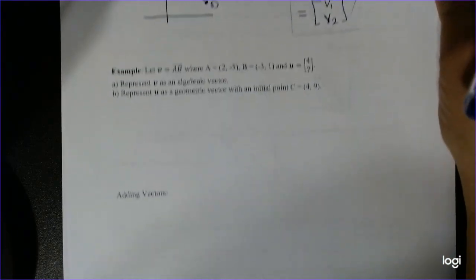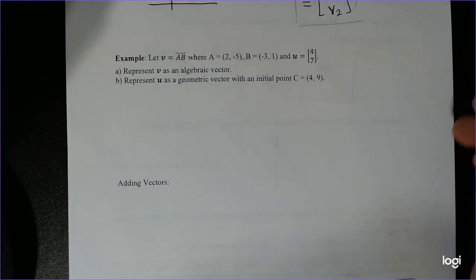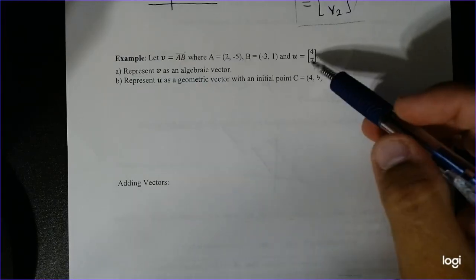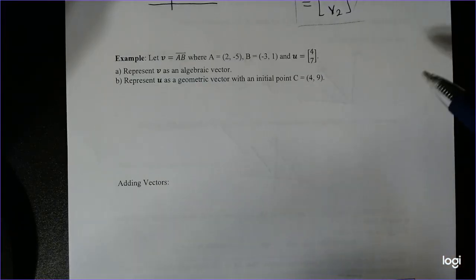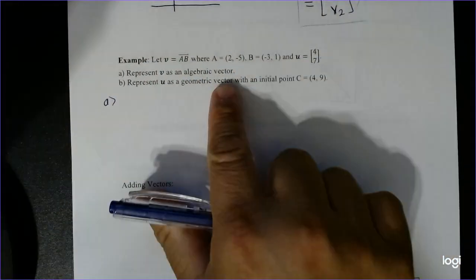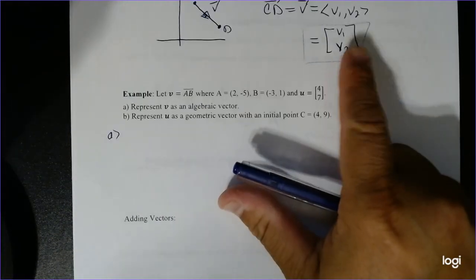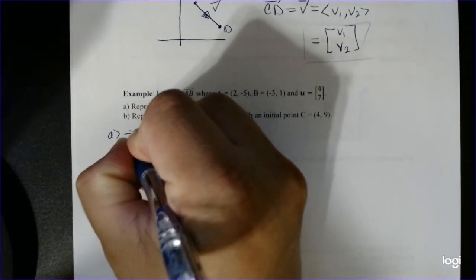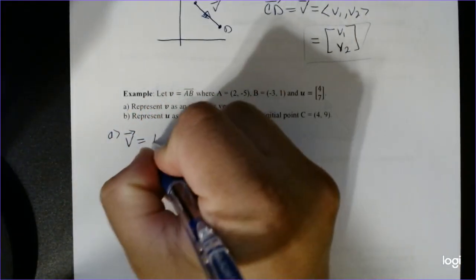So a quick little example. Let vector v be AB, where A and B are the given points, and let vector u be this vector here. Represent v as an algebraic vector, basically make it look like that. Essentially, this is the same thing as just AB.